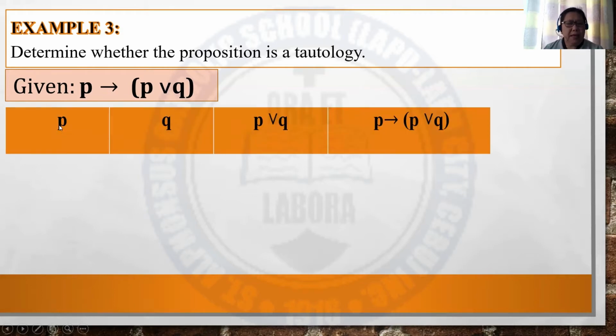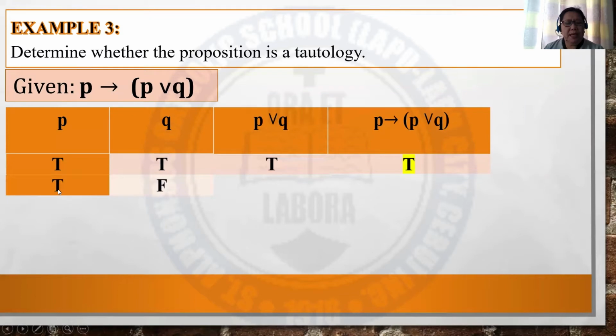So let us have P here. Then for the Q proposition, then we have P or Q. And then lastly, we have the given P implies the disjunction P or Q. So if P is T and Q is also T, then the result of P or Q is T, and the implication of P and P or Q is true.